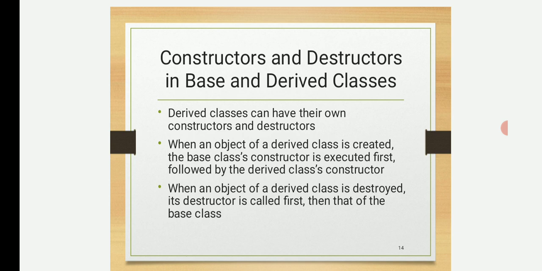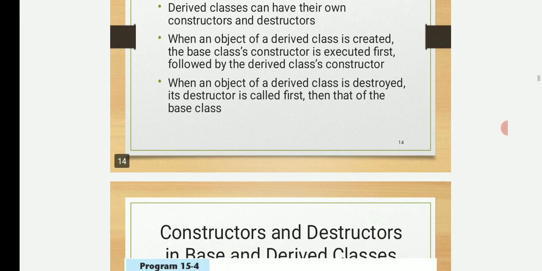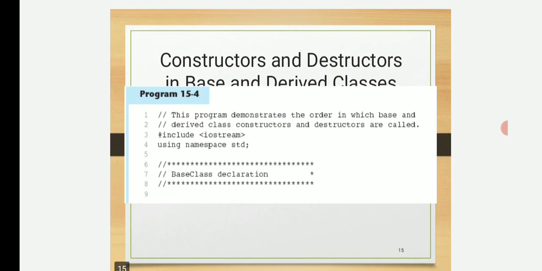So derived classes can have their own constructors and destructors. When an object of a derived class is created, the base class's constructor is executed first, followed by the derived class's constructor. When an object of a derived class is destroyed, its destructor is called first, then that of the base class, right? So hope you understand what is constructor and destructor.